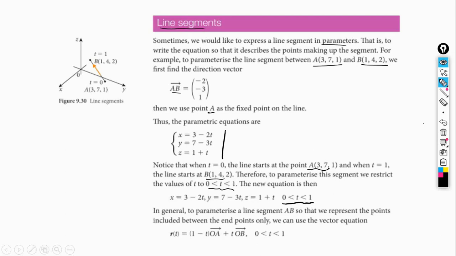In general, to parameterize a line segment AB so that we represent the points between the endpoints only, we can use the vector equation r of t is equal to (1 minus t) times vector OA plus t times vector OB, with t between 0 and 1.